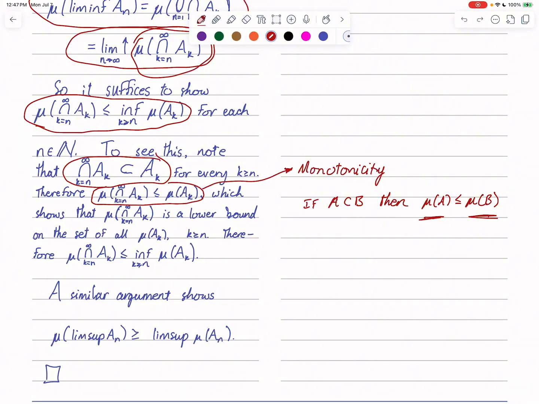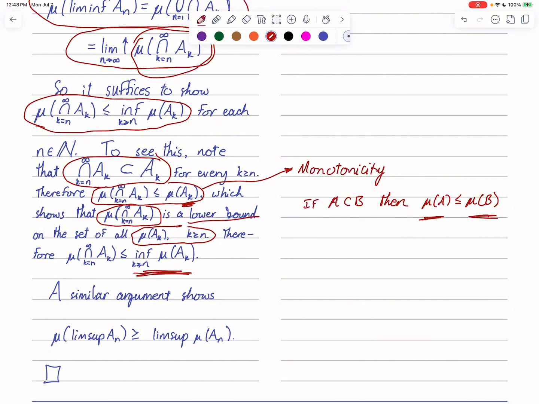And then what this necessarily means is, since this is true no matter what k is, this quantity is a lower bound on the set of all of those things for each possible choice of k. So we have a lower bound. Well, the very definition of the infimum of any collection is that it is the greatest lower bound, that it is greater than or equal to any given lower bound.